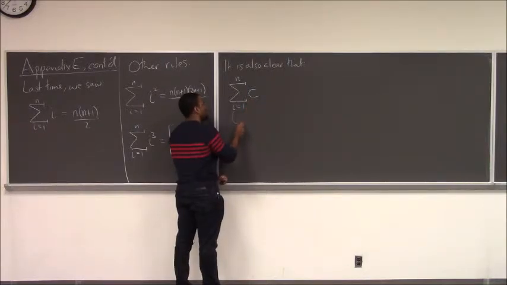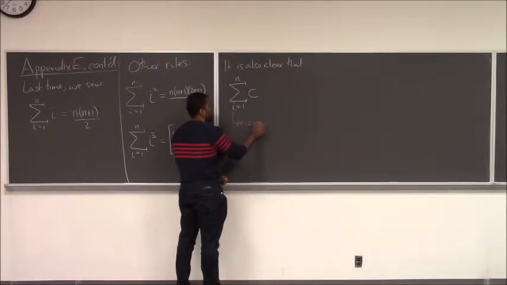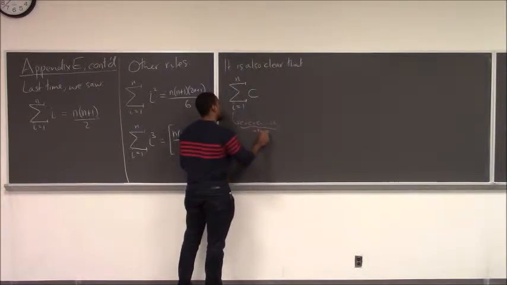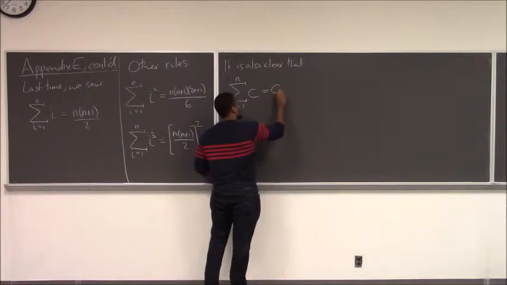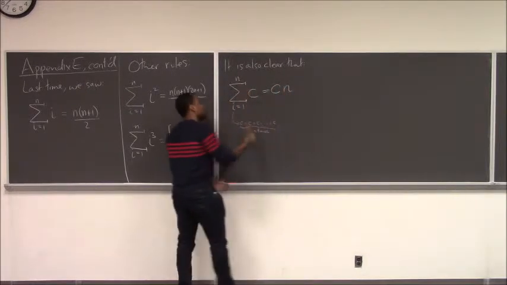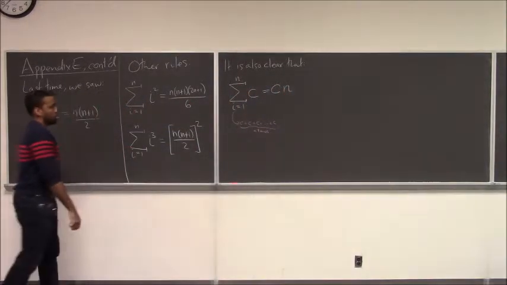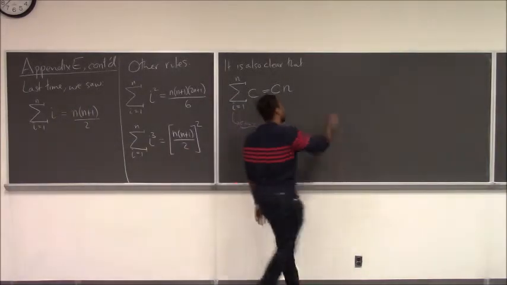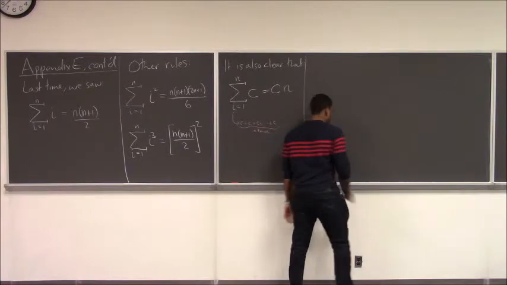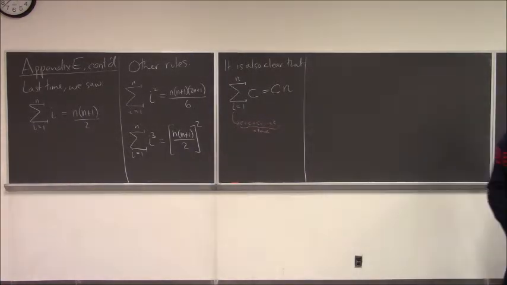So it's like I'm adding c for n equals 1, then add c for n equals 2, then add c for n equals 3, blah, blah, blah. You'll end up adding n c's. And so if you take the summation of a constant, that just gives you the constant times n. And so that's also a rule. I want to tell you those 4.